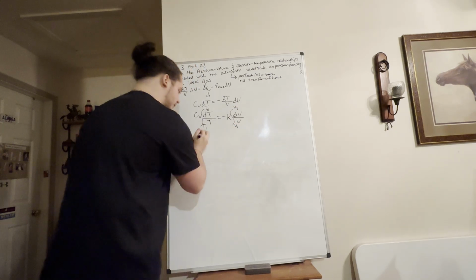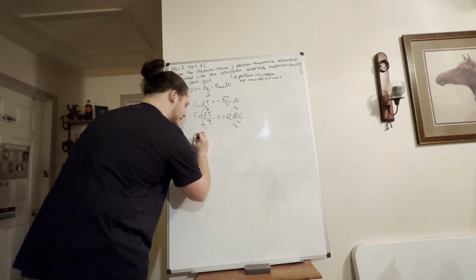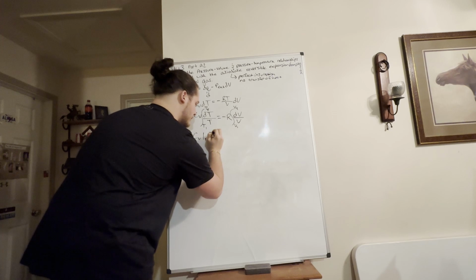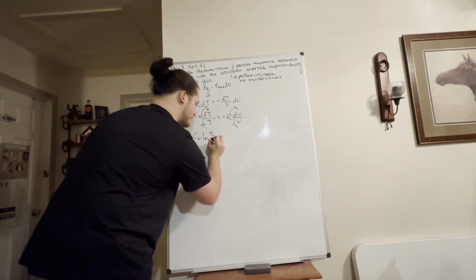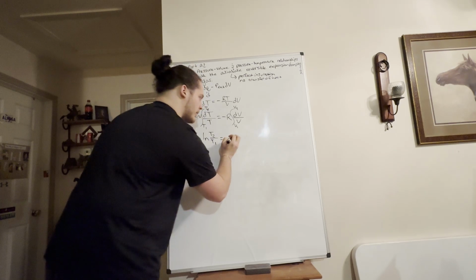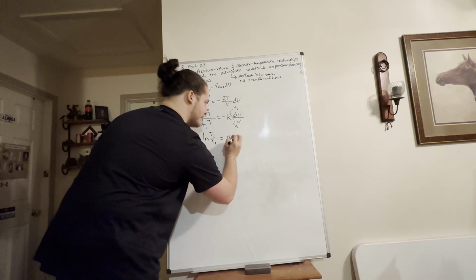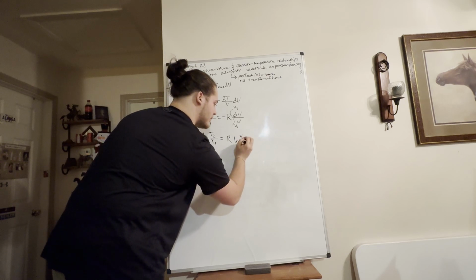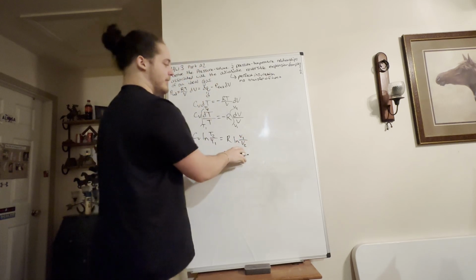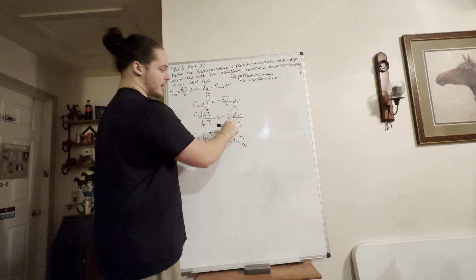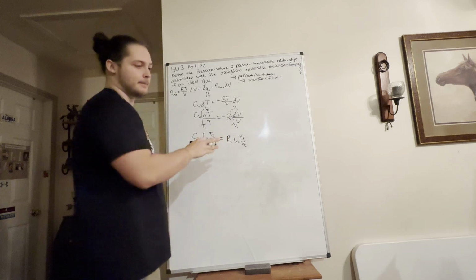So integrating this gives us CV times the natural log of T2 over T1, and this is going to be equal to R times the natural log of V1 over V2. And we found this by using log rules and flipping this value because of our negative sign here.